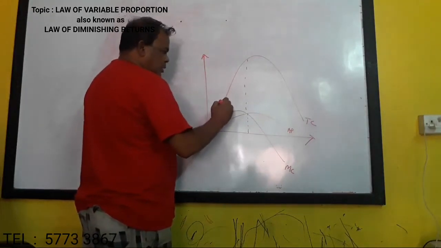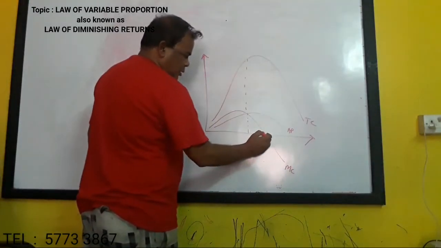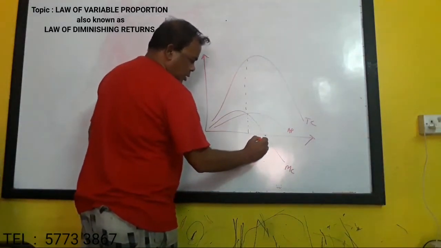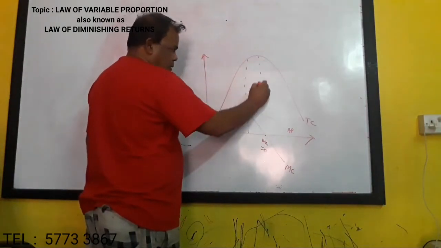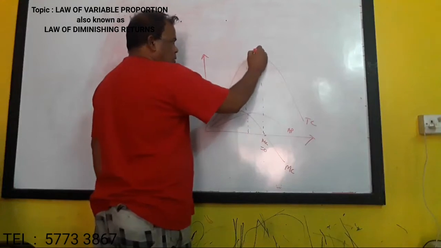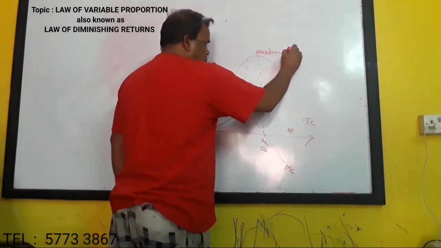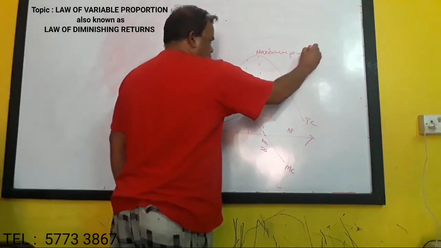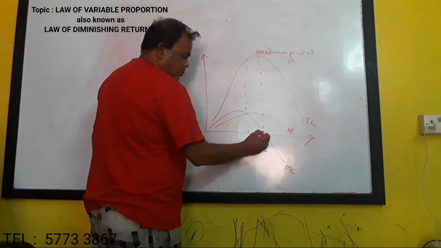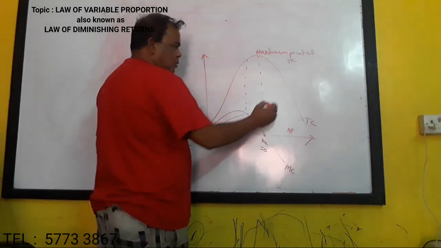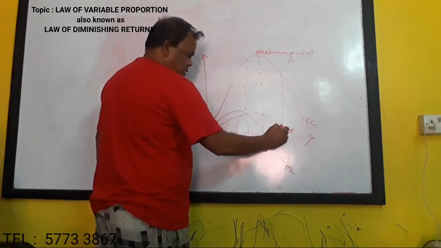this is the increasing return to scale, and then at this point marginal product is equal to zero, where this is the maximum point of total product. When it reaches its maximum point, marginal product will become zero, and then we will have the third stage.